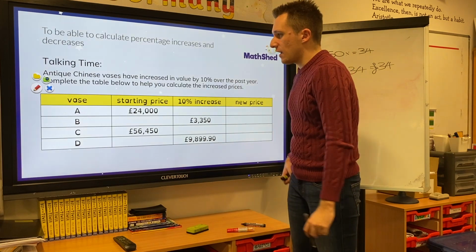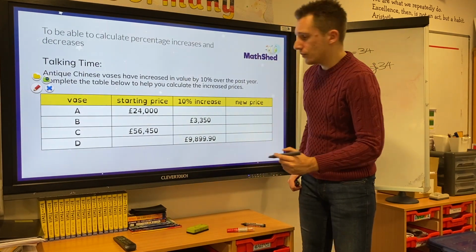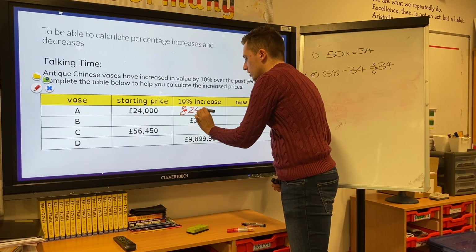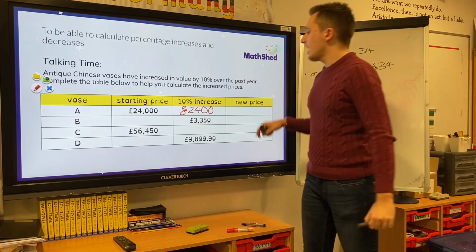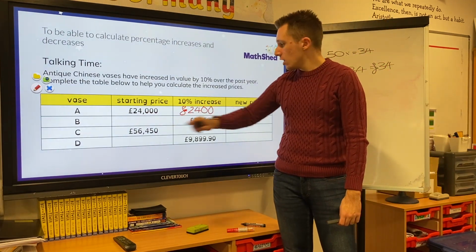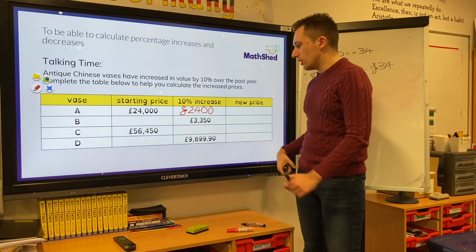10% of 24,000, we know how to do 10%, we divide by 10, so that would be 2,400. How do we get the new price? Well, we take the original, it's an increase, so we add the 10% to get our new price.